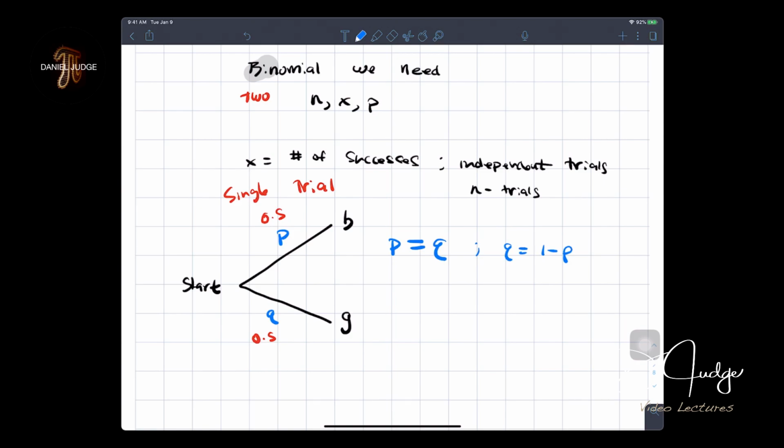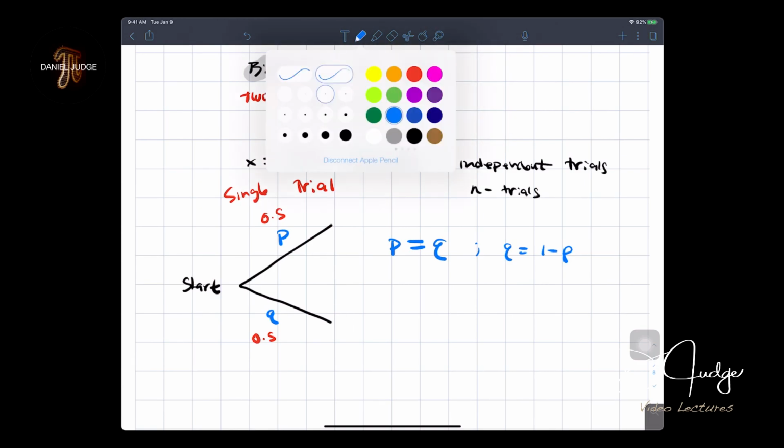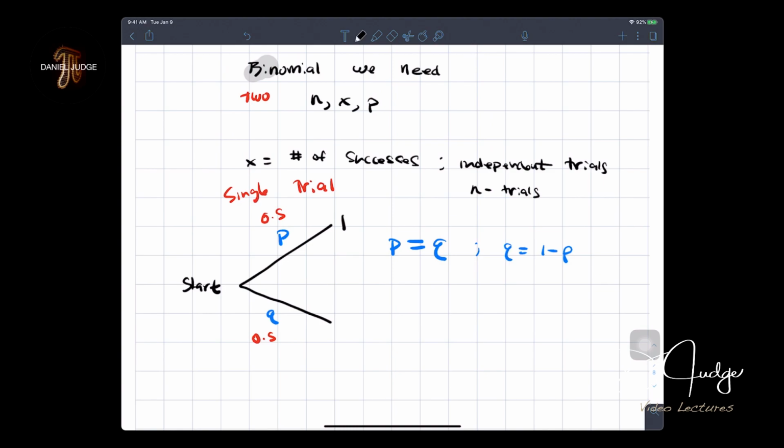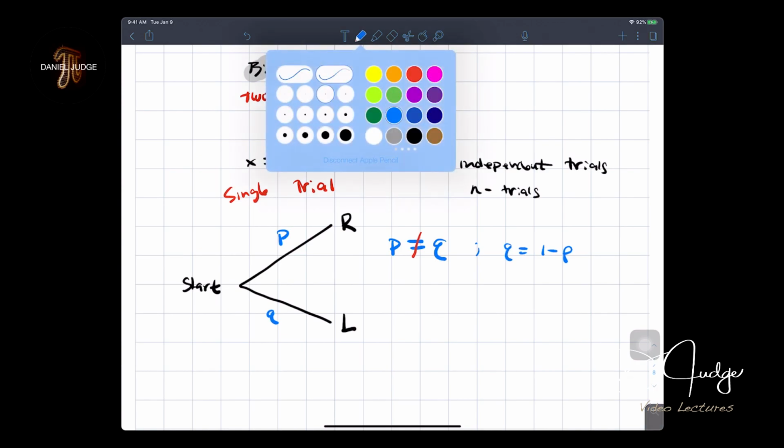And I'm going to say to you, no, that doesn't always happen. For example, if I said to you, this is something you may know, you may not know. Being right-handed, being left-handed. P does not equal Q. Does anybody happen to know why P does not equal Q?